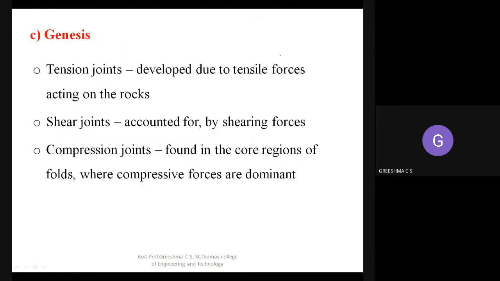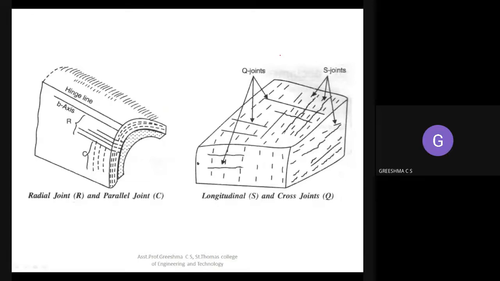I'll show you one picture of this. See this picture. This is a folded region, this is a folded plane, and here this is the B axis, that is the plane along which the inclination has occurred.